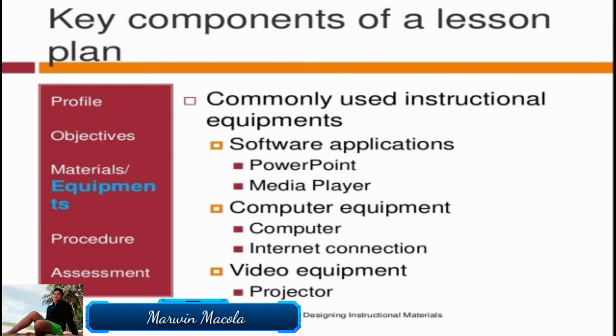It includes software applications, it could be PowerPoint or a media player. Computer equipment, under which are the computer and the internet connection. And video equipment or projectors. So materials and equipment are there for us to be able to make the abstract concrete and to arouse our pupils' and students' interest in the lessons.